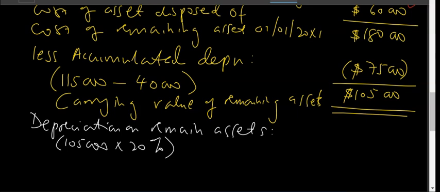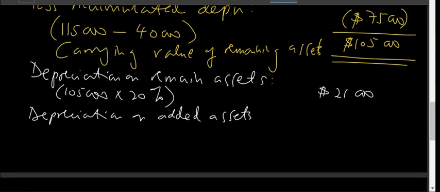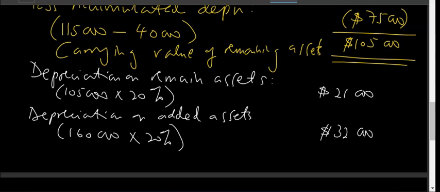So 20% of 105,000 is 21,000. And then depreciation on added or new assets: the added assets were 160,000 multiplied by 20%, and the depreciation is 32,000.